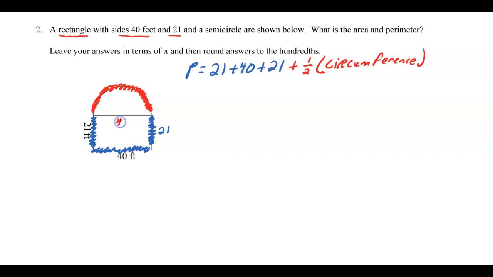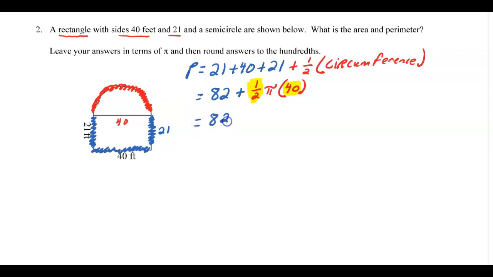And the diameter of the circle is 40. So if I had 21 plus 40 plus 21, I'll get 82 plus half pi times the diameter, and the diameter is 40. If I multiply these two yellow numbers, half of 40 is 20.